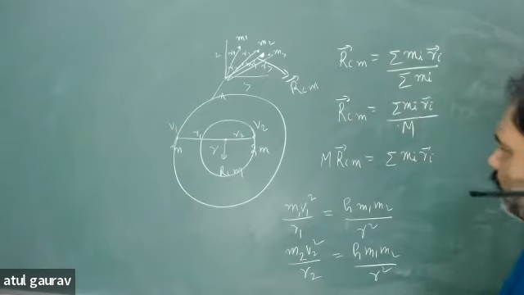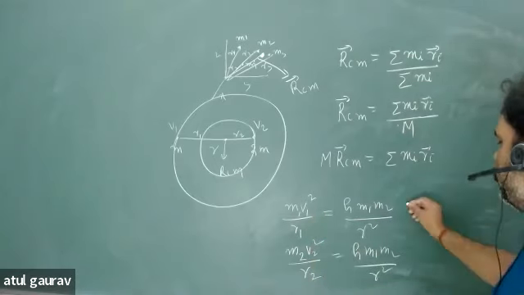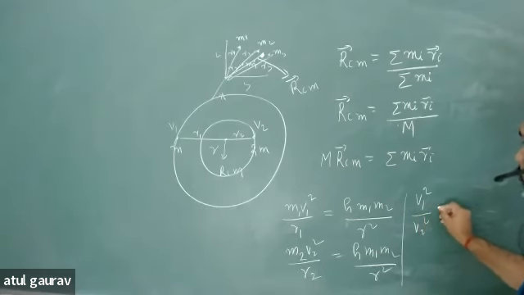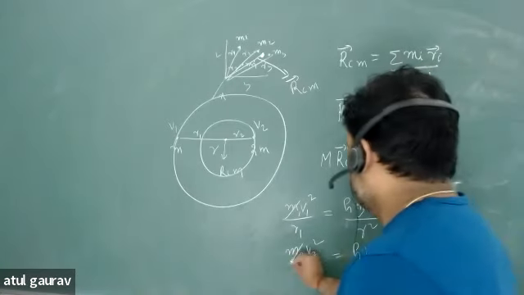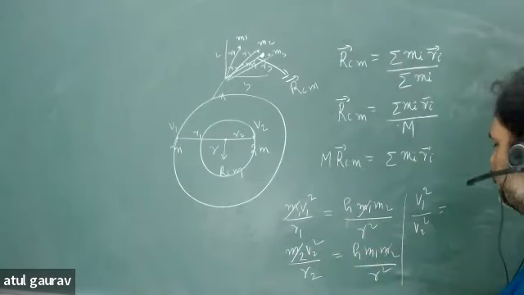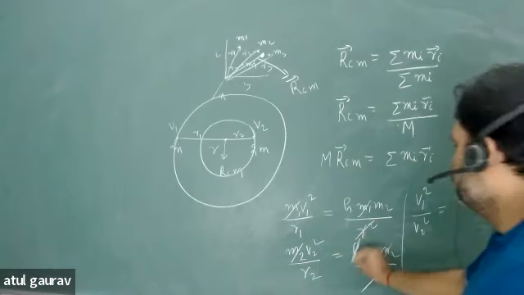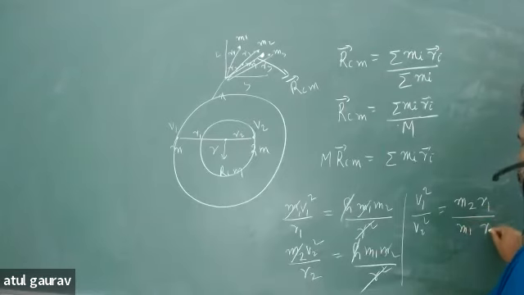Now we have to find the ratio between v1 and v2, so we divide these two equations. v1 square by v2 square: m1 is cancelled, m2 is cancelled, r square is also cancelled, and G is also cancelled. So what will happen? We get m2 by r1 divided by m1 by r2, isn't it?